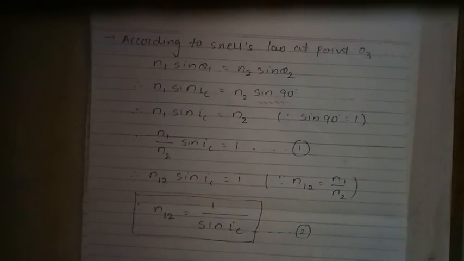So from equation 1, n1 upon n2, the value of n2 is 1, into sin IC is equal to 1.